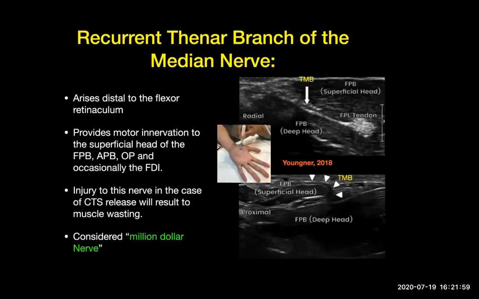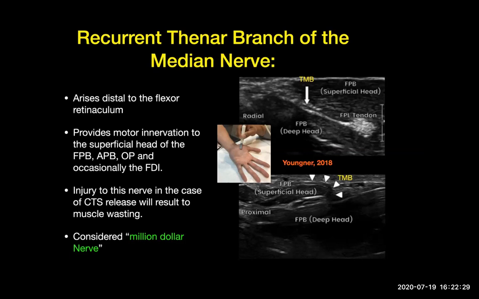And of course, the last part, we're almost done. This is, of course, the million-dollar nerve, okay? The thenar motor branch of the median nerve. Of course, the median nerve will go distally, and as it goes distally, that nerve, which is made up of motor nerve, will go back and innervate the thenar muscles.